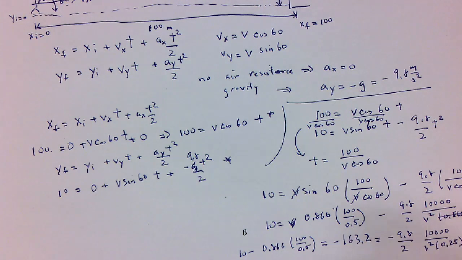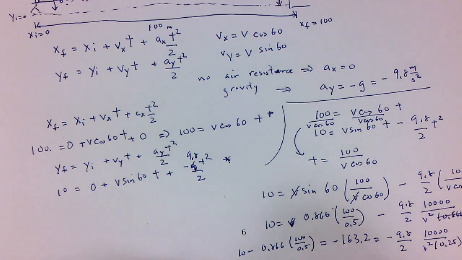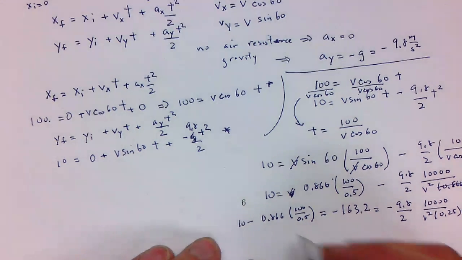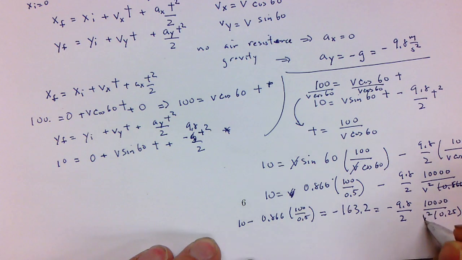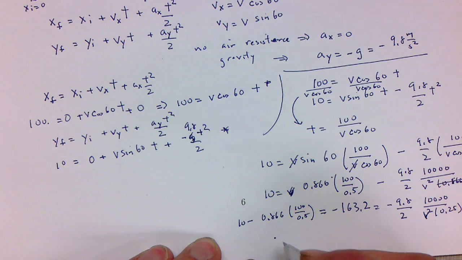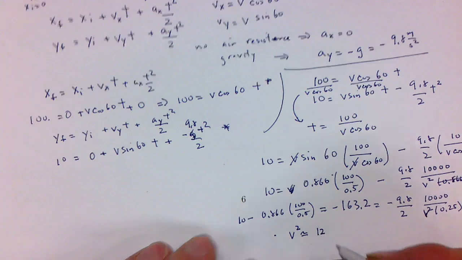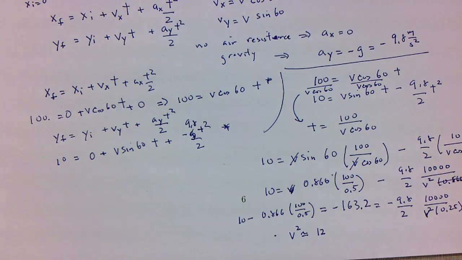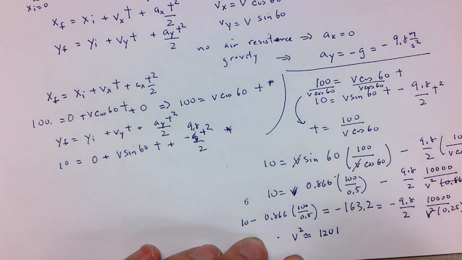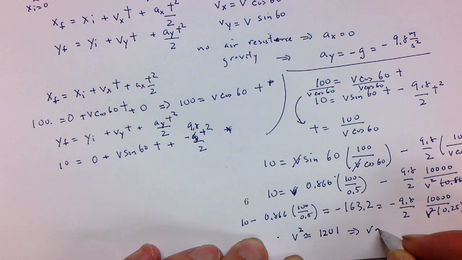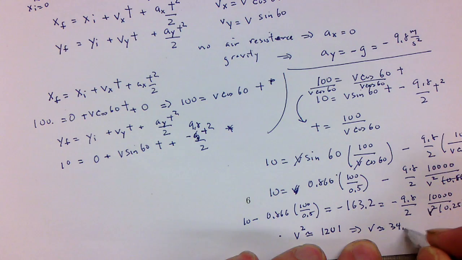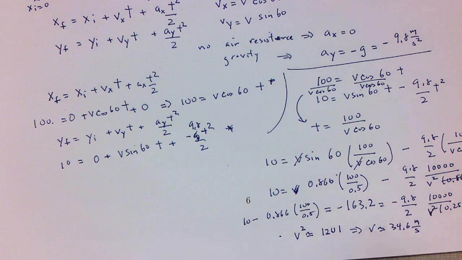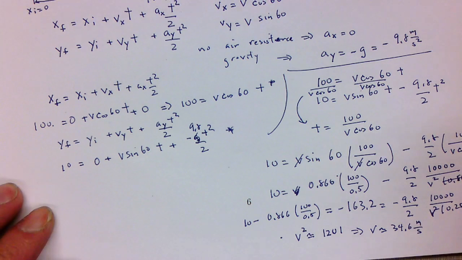Now if you plug in the rest, you end up with something like v squared. Just divide everything out and isolate v squared. You're going to be able to show that v squared is roughly 1200. Let's write down the exact number. It's actually exactly 1201, which implies that v is approximately equal to 34.6 meters per second. That basically solves this problem. I hope this was helpful.